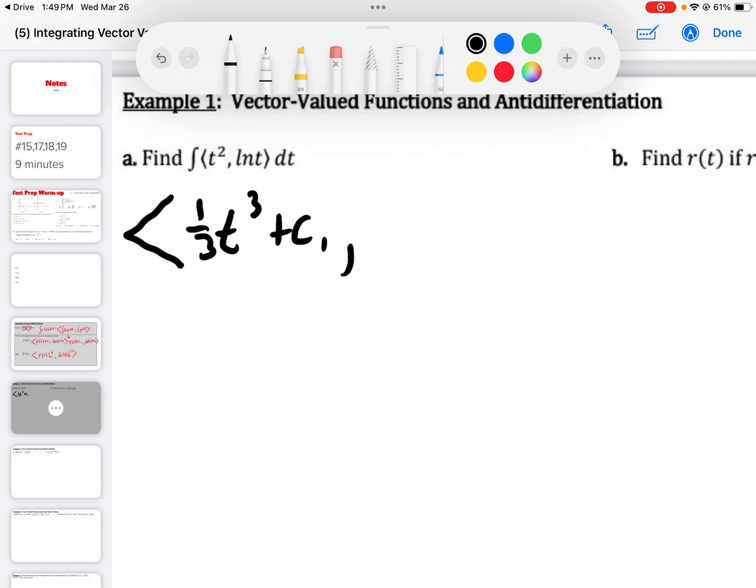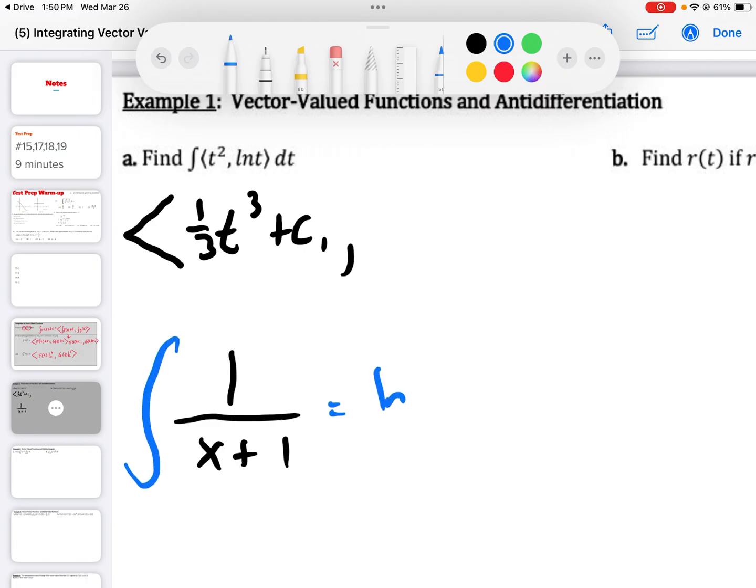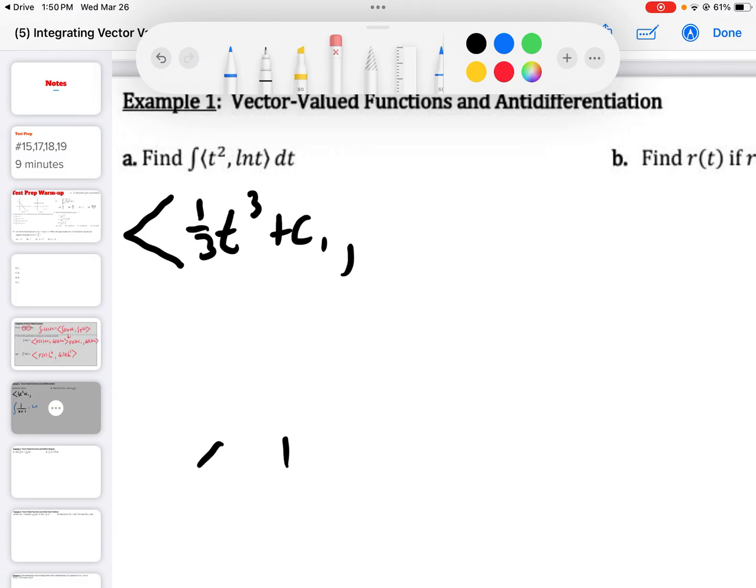When I'm doing differential equations, a lot of times we get to something like this, and when we anti-differentiate, I would get the natural log of x. But to find the antiderivative of natural log, some of y'all might have it memorized, but we're going to do this using integration by parts.